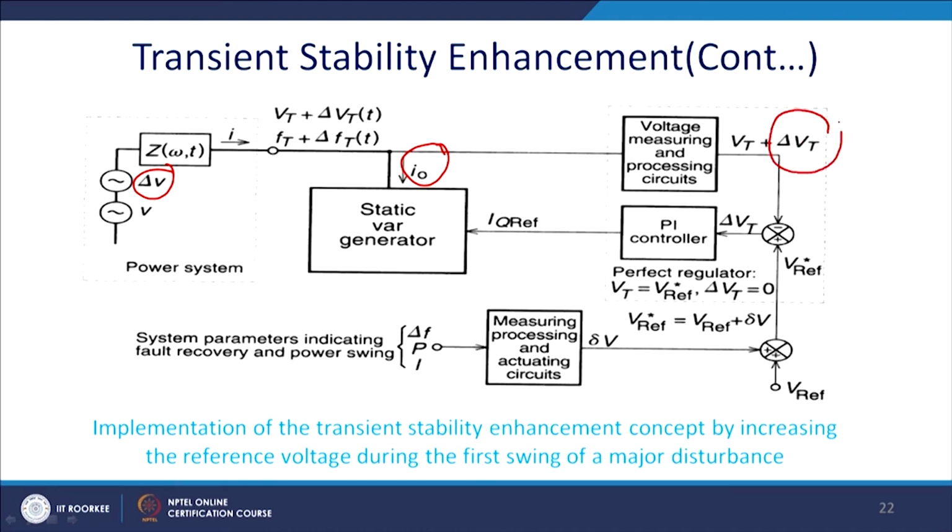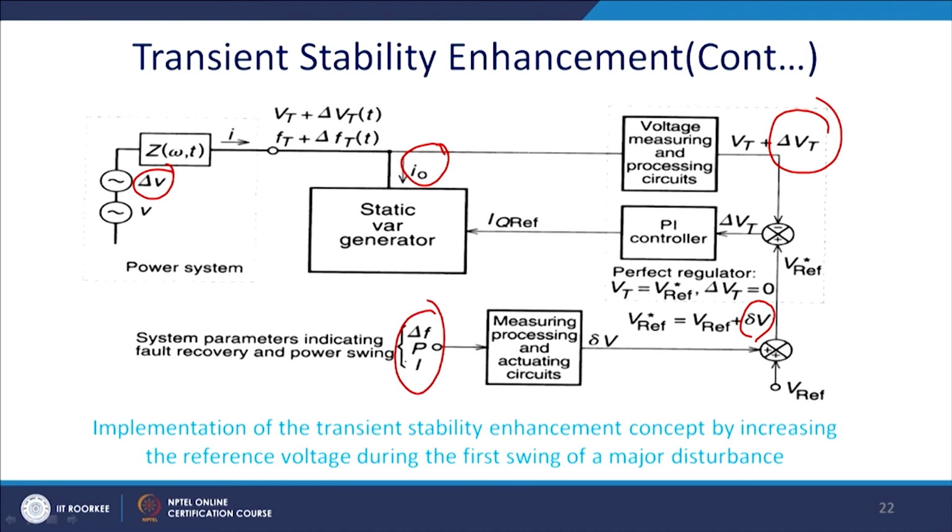So, we will increase the terminal voltage by del V. Ultimately you get Vref, and Vref will be added with the del V, and thus this Q will come, and the system parameter indicates whether the fault has recovered.